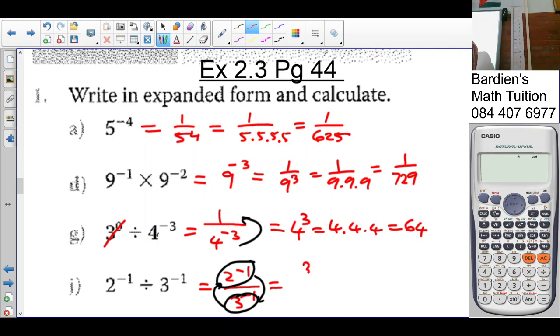So that will be 3 to the 1 over 2 to the 1, which is 3 over 2. Alright, you guys understand? Otherwise, we could have said 2 to the negative 1 is 1 over 2 divided by 1 over 3, which is the same as 1 over 2 times 3 over 1, which is still 3 over 2.